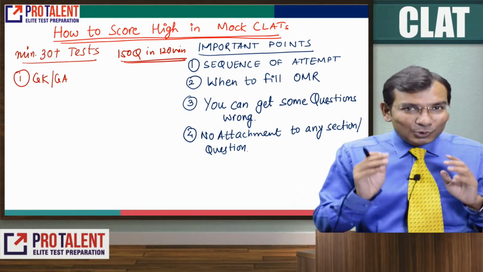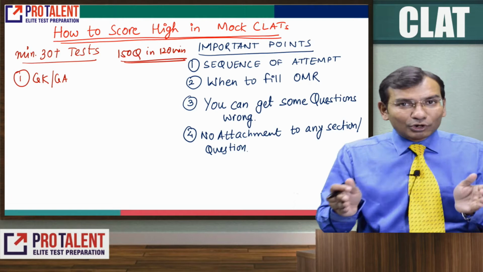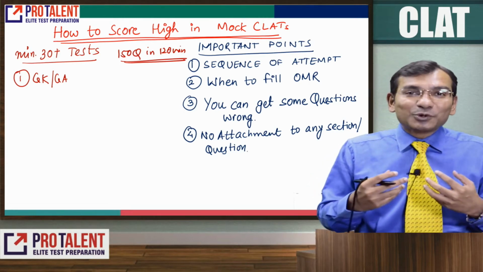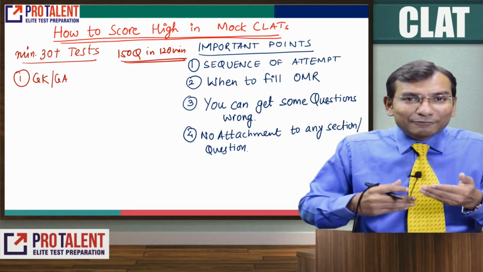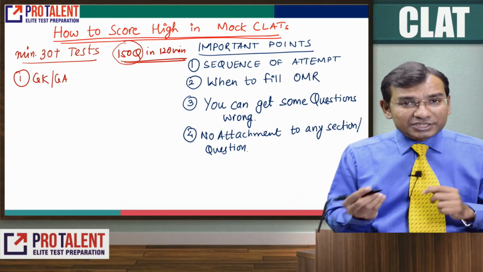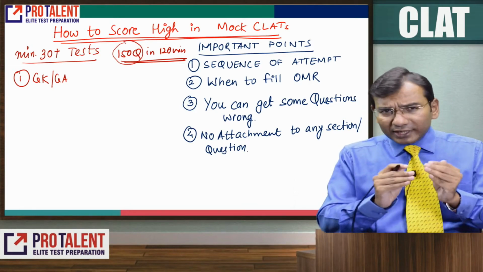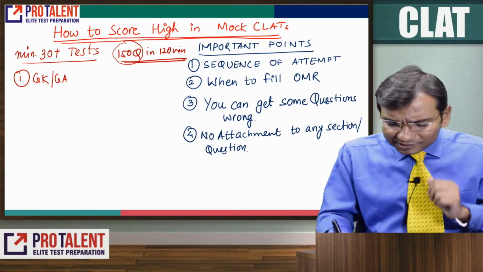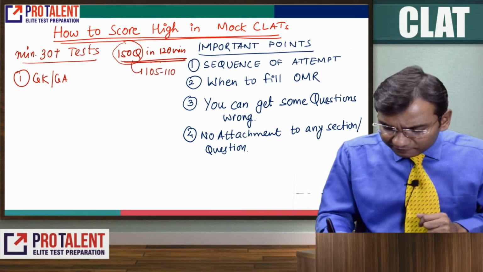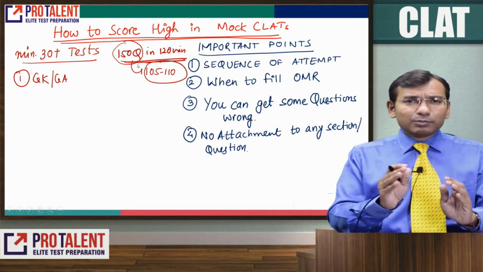If I don't know, then I can find out, of let's say some 35-40 questions, how many questions I don't know. So if I have to reach certain scores, for example, if I talk about 150 questions, what is a decent score to get into, let's say, the top 3 NLUs? I think that number should be in the range of 105 to 110, which I think is now reasonably acceptable.